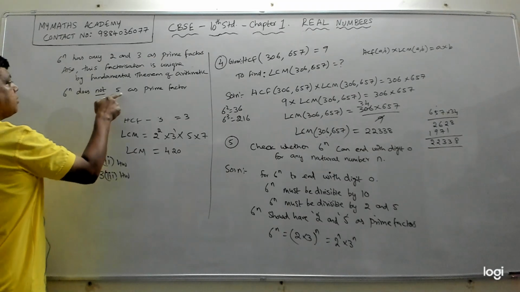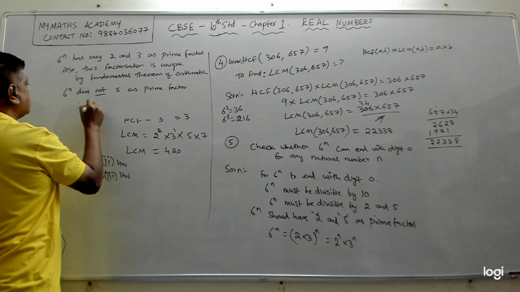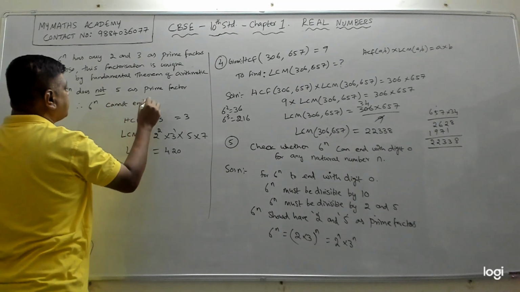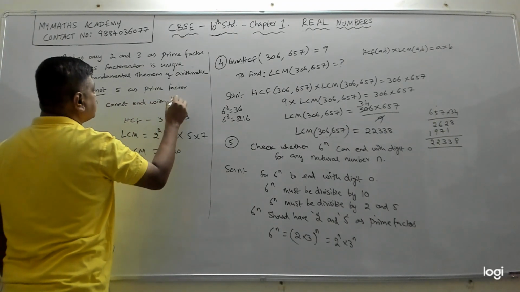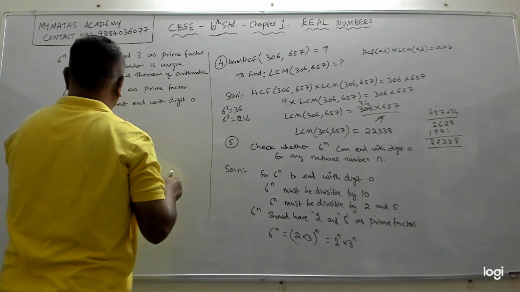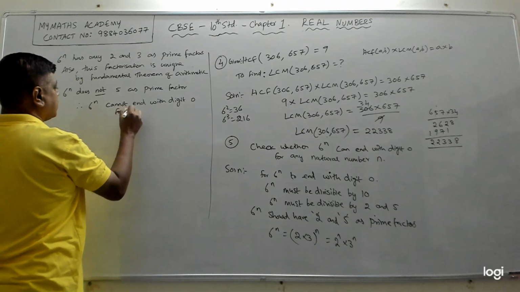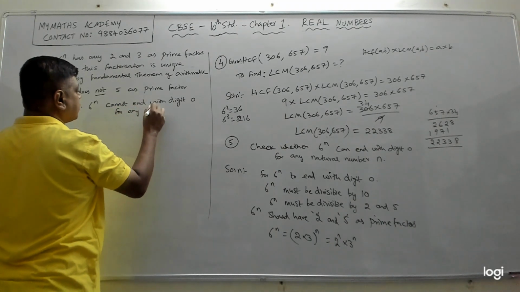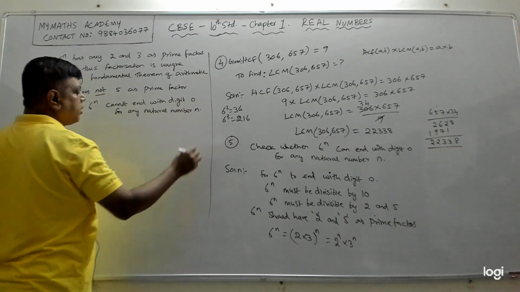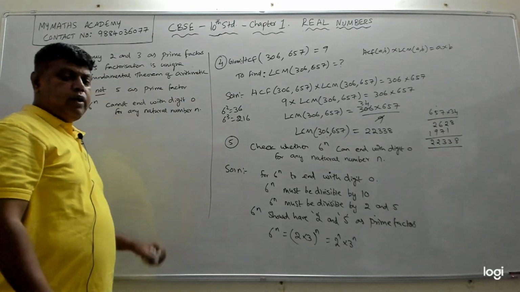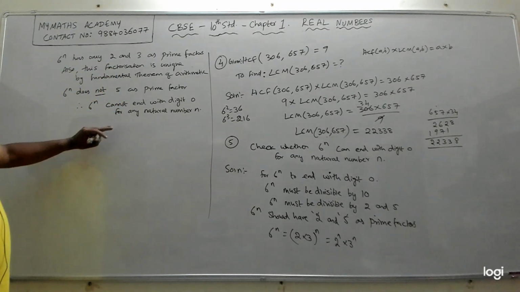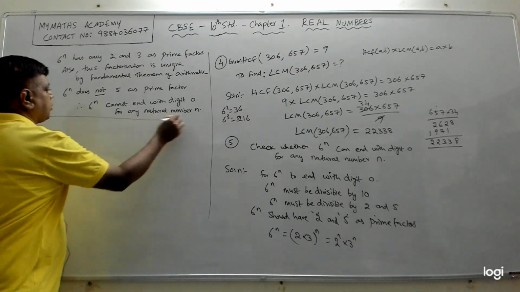Therefore, 6 power n cannot end with digit 0 for any natural number n. Okay, so this is the proof for the fifth problem.